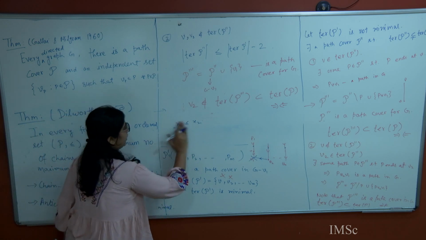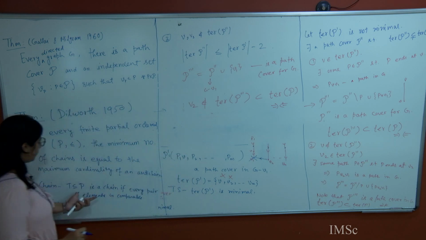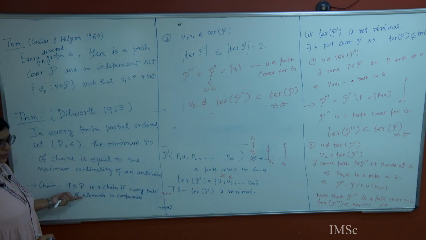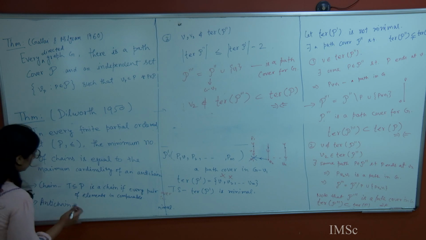So for every pair we can compare the elements, and that is called a chain.